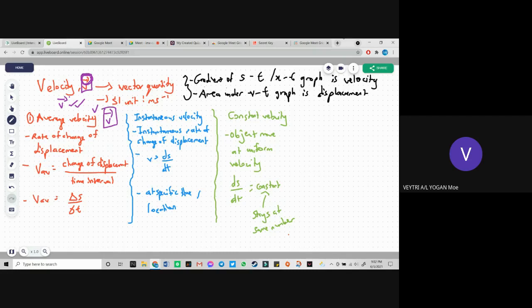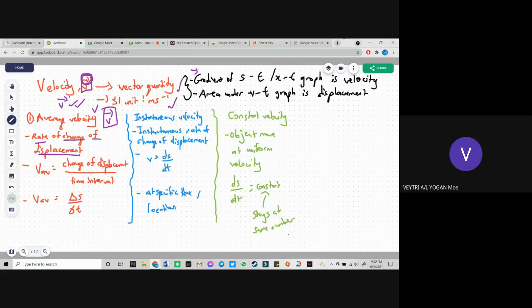Now, as I've said initially, velocity is a vector quantity as a unit meter per second. Okay, before I go into this, let's go into this dulu. Now, average velocity. Average tu, as we have discussed earlier, semua tambah bahagi dengan bilangan dia. Okay? Jadi, average velocity is the rate of change of displacement.